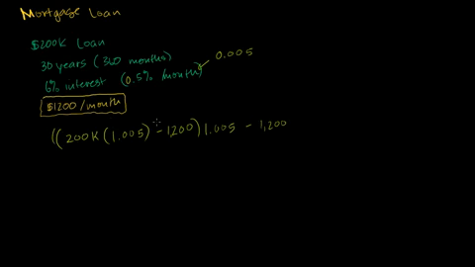And this is going to happen 360 times. You can imagine if you're actually trying to solve for this number, you're going to have this huge expression. It's going to have 360 parentheses, and at the end, it's all going to be equal to 0.